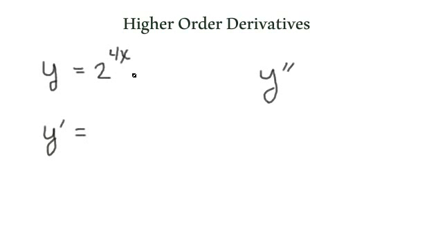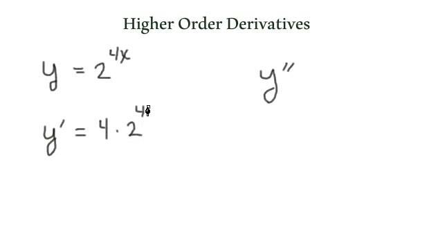The big picture here is we are basically reviewing how to take derivatives. Let's do this one here: 2 raised to the 4x. See if you can remember how to do this. So we want to find the second derivative. The first derivative is y prime is equal to, so you take the derivative of 4x, and that would just be 4.